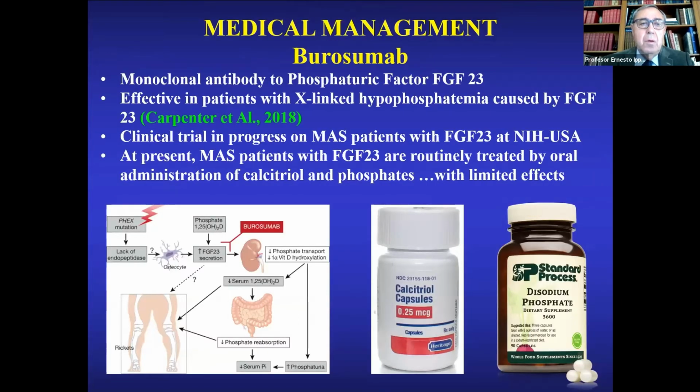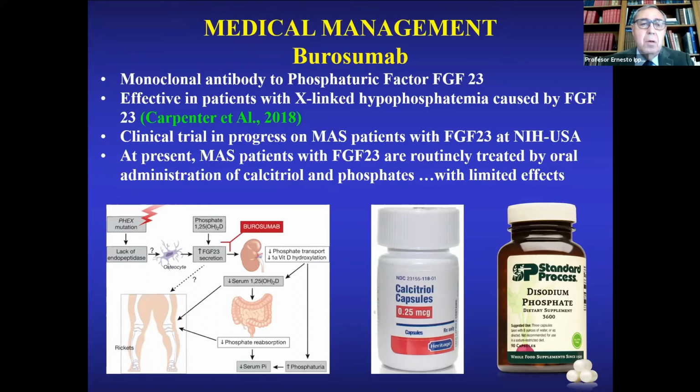Burosumab is a monoclonal antibody to phosphaturic factor FGF23. It is effective in patients with X-linked hypophosphatemia caused by FGF23, as shown by Carpenter and co-workers.